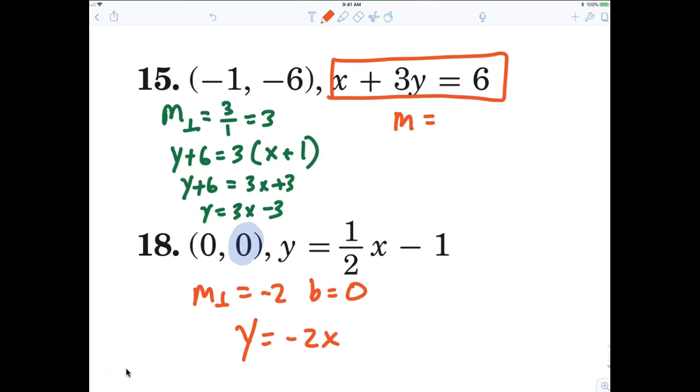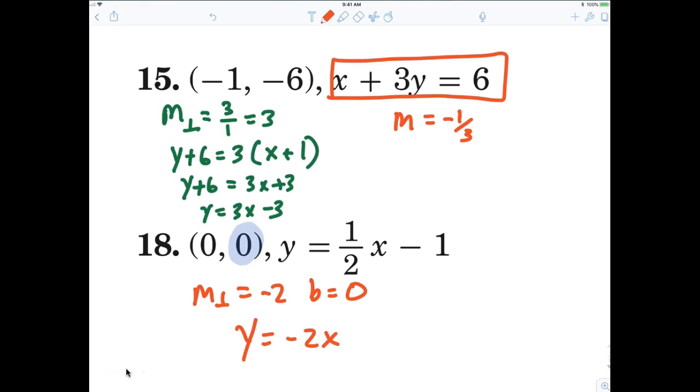Look up there again and tell me what the slope is. -1/3. You need to be able to do that. That'll save yourself a bunch of time. Is everybody hearing me on that? Because you're just solving for y, so you're moving the x and dividing by 3. So the slope is -1/3.